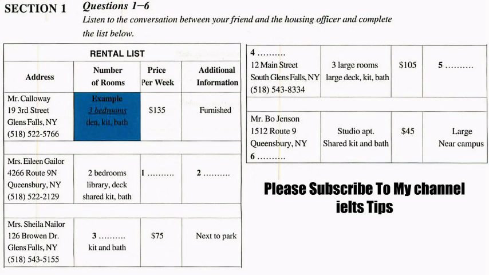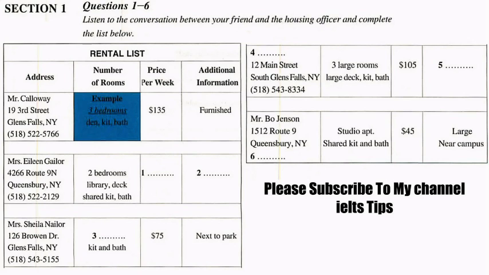Oh, well, we need it for a full year. I guess that one is out. How about the rental on Browen Drive? How many rooms does that one have? As it says on the list, it has 2 bedrooms and a private kitchen and bath. But it's actually a very small place. That's why it's a bit cheaper. Oh. Well then, what about the one that has 3 large rooms? Who is renting that property? That one is a good deal. Mr. John Smith is renting it.